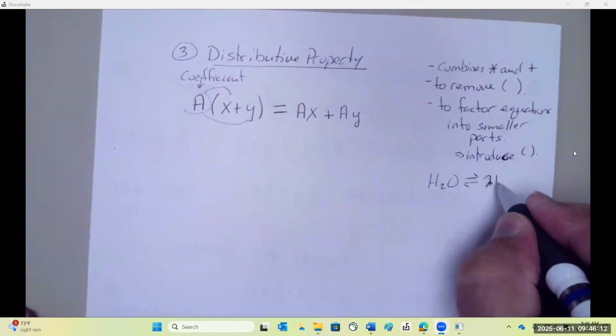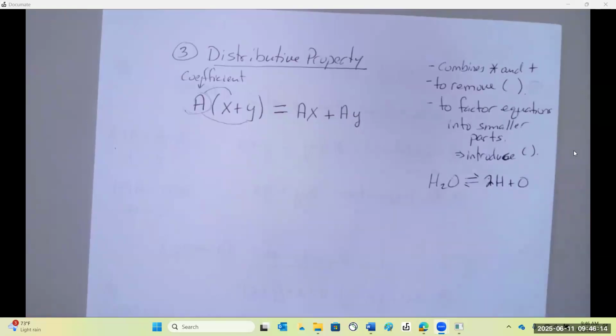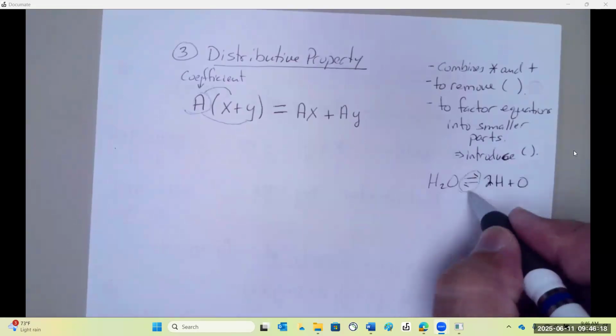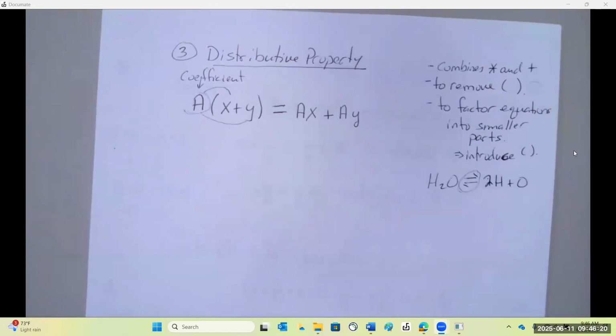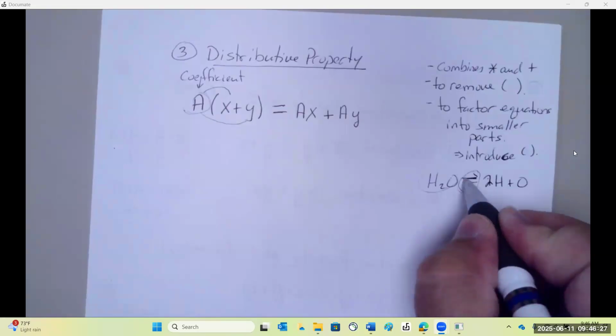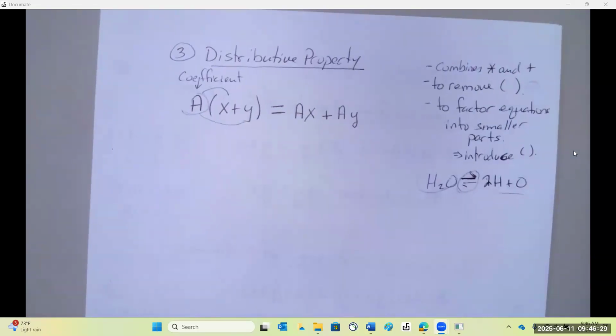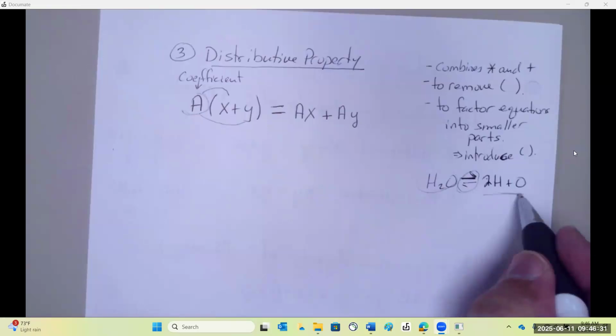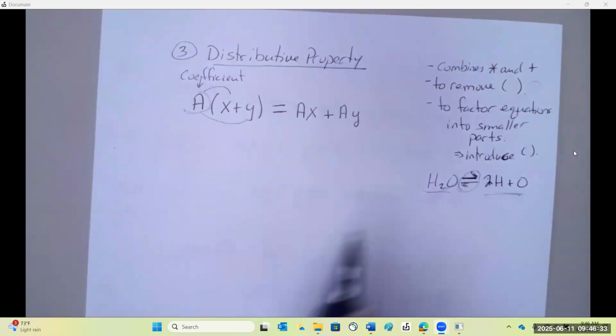So we have 2 hydrogen and 1 oxygen. But more so, you have these arrows here. What do those arrows mean? Well, think of it. It means I can go from this to this.